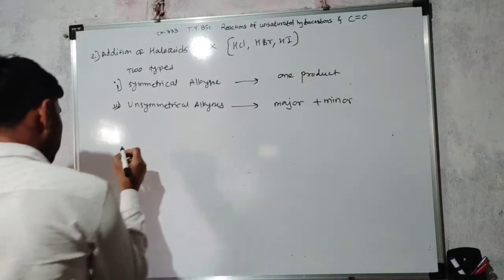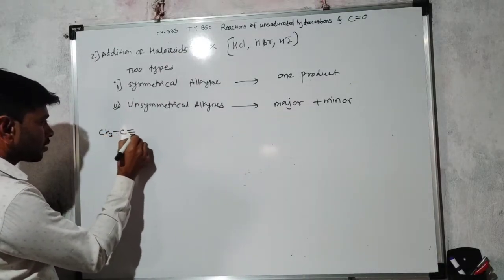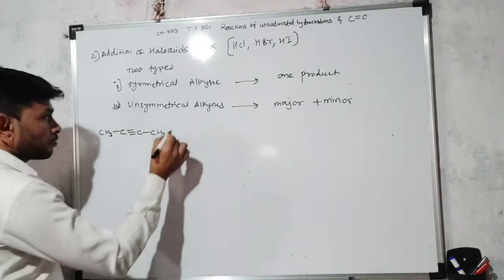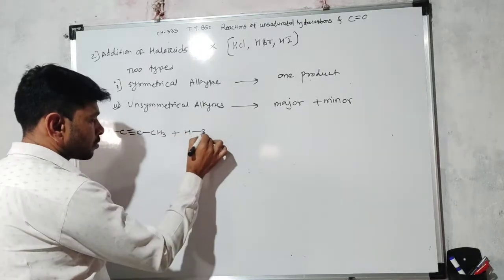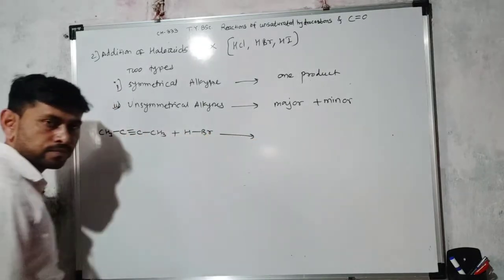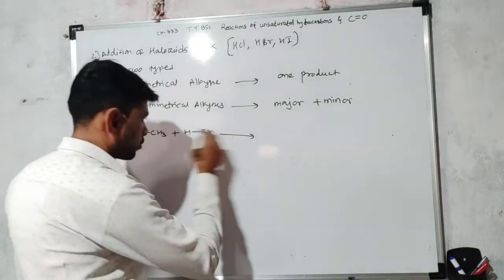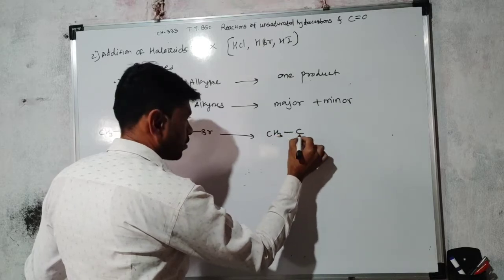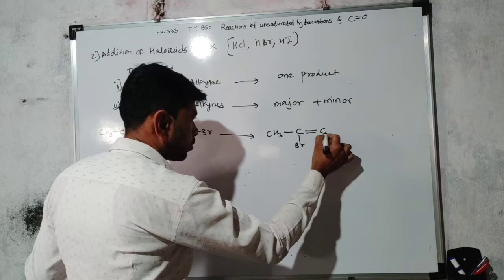See, we have taken an example here, symmetrical alkyne: CH3 C triple bond C CH3. When it reacts with, suppose, HBr, due to the symmetrical alkyne, hydrogen may attach here or to the other carbon.